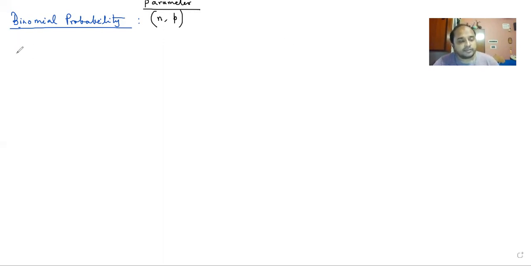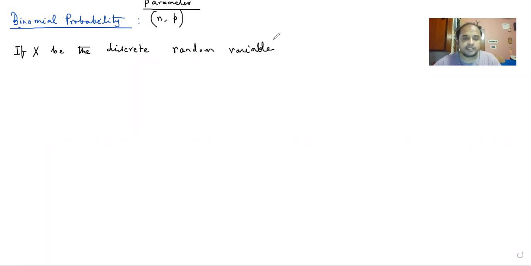So another probability distribution is this. If capital X is a discrete random variable, carefully listen to me, this is very important.